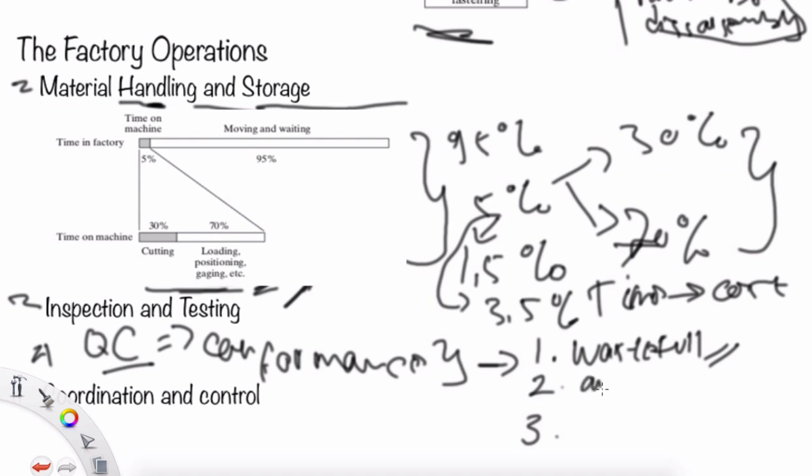The second is auxiliary, when it does not directly add value to the product, but it has to be there, such as loading and unloading. It is an auxiliary process that has to be there, so we cannot remove it.